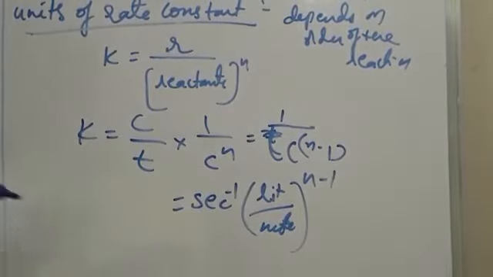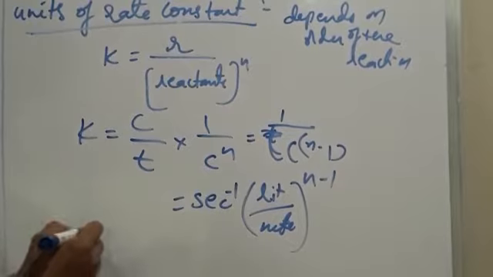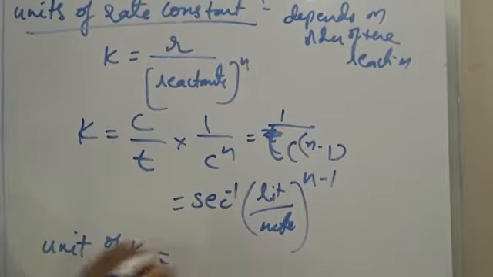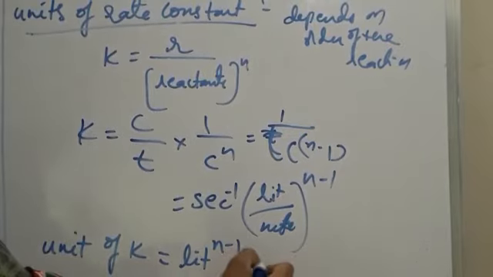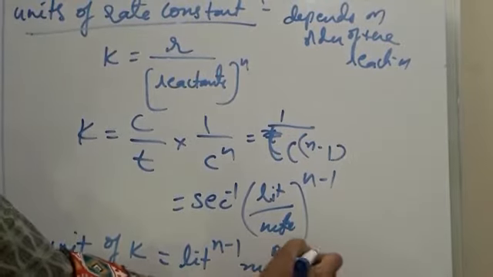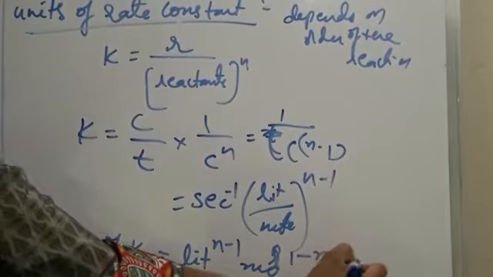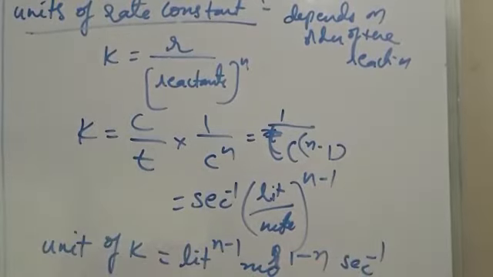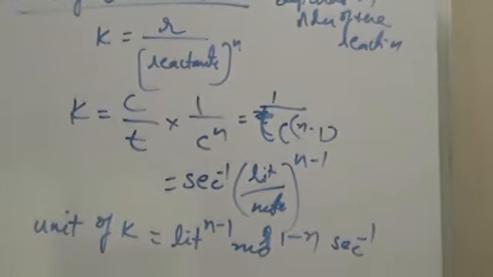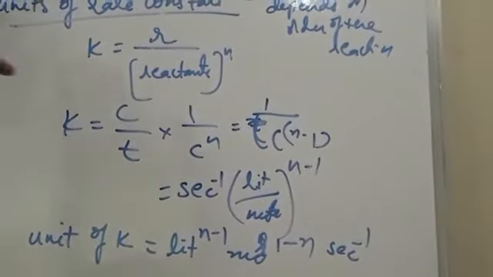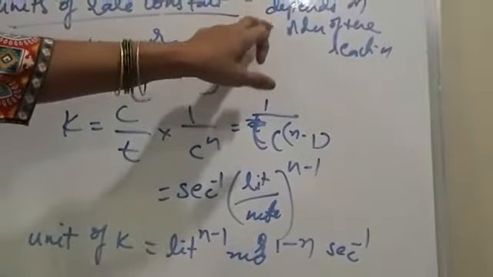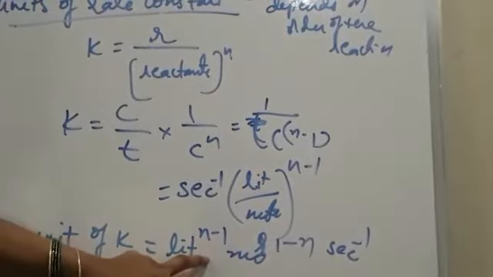So, from this, units of K are liters to the power n minus 1, moles to the power 1 minus n, and second inverse. So, what is n here? Order of the reaction. So, units of rate constant depend upon the order of the reaction.